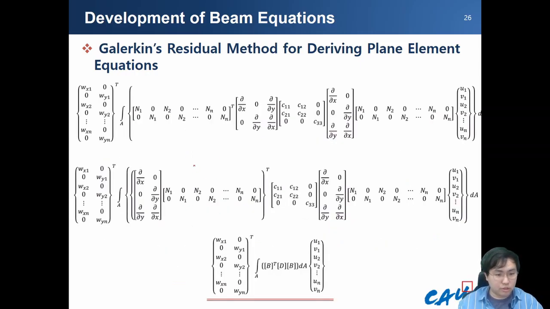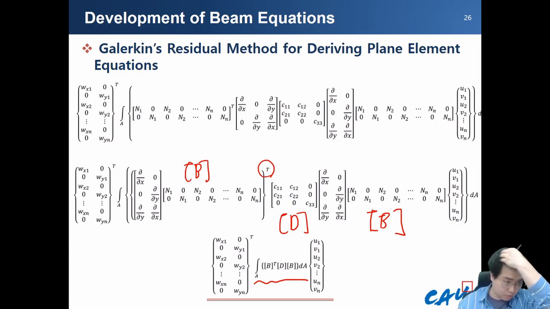You can check here. This is B transpose, and this is also B. So finally, we can say that this is the elastic stiffness matrix. Finally, in the integration part, B transpose D B dV is the same form as the general local stiffness matrices of the truss or beam element.